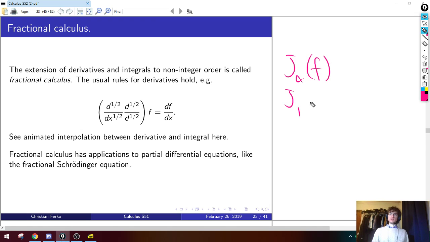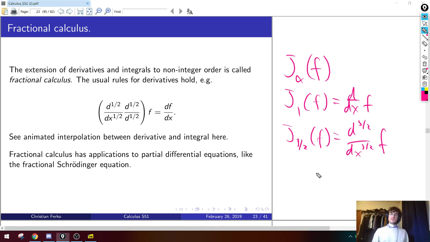If it's a positive number, J1 of f is the derivative, df. J of 3 halves of f is d^(3/2)/dx^(3/2) of f. And for negative values, if you take a negative number of derivatives, this is basically an antiderivative of f with respect to x.